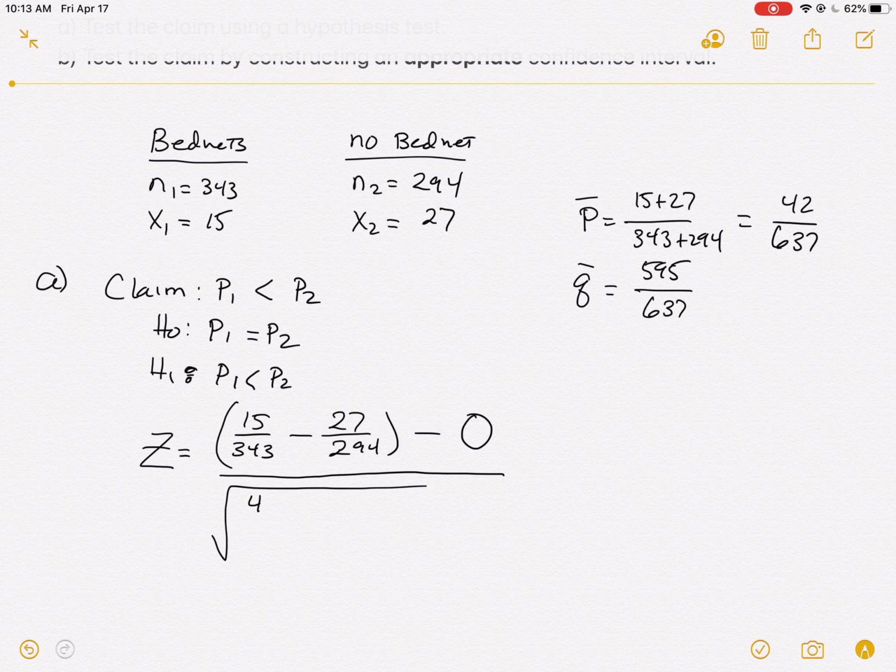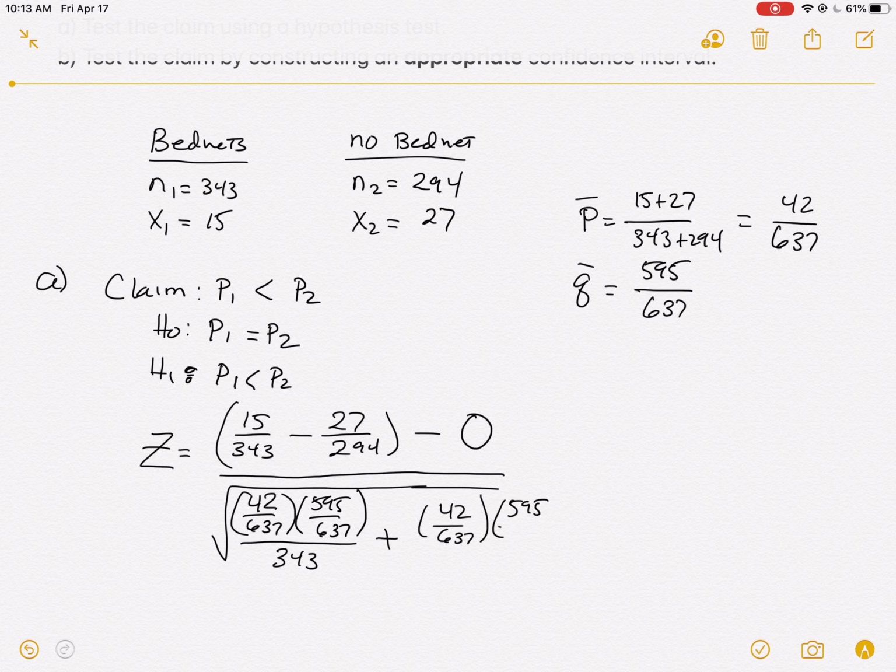Well, P bar is 42 over 637, Q bar is 595 over 637, and all over N1, which was 343, plus 42 over 637 times 595 over 637, all divided by 294. And we're going to run that.